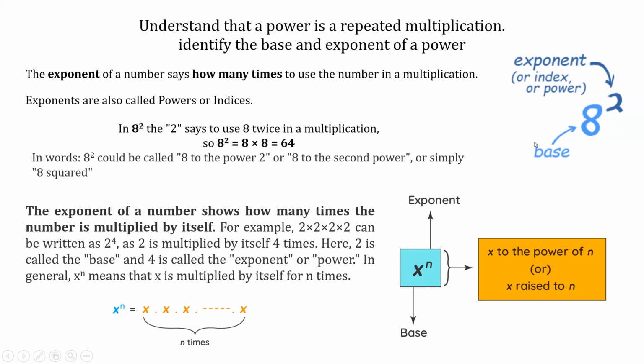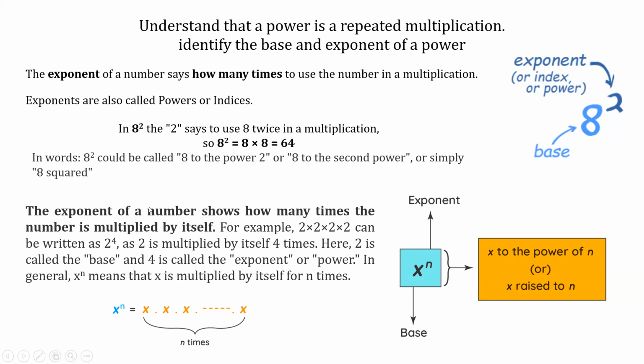So in this expression, 8 is the base, 2 is the exponent, and we call 2 the index or power. In words, this expression could be called 8 to the power 2, or 8 to the second power, or simplified, 8 squared.